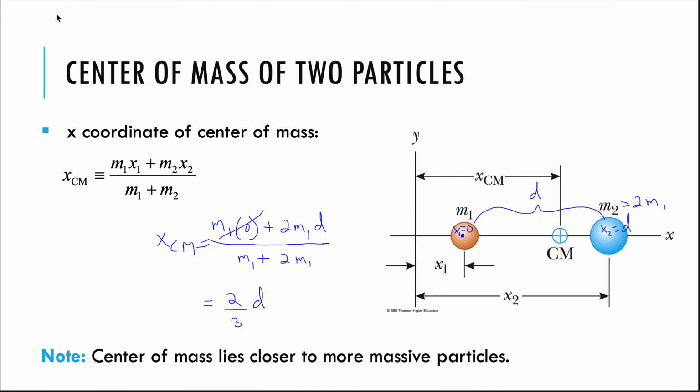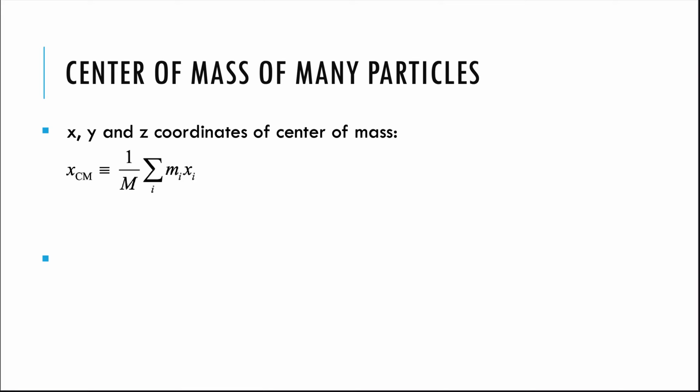But we can generalize this to a system having not just two particles, but many, many particles. So to find the x-coordinate of the center of mass, we just add up the products of all the masses times their x positions, and then we divide this by the sum of all the masses, which we're calling big M. So this is equal to m1 x1 plus m2 x2, and you can have many, many of them, more than just two.